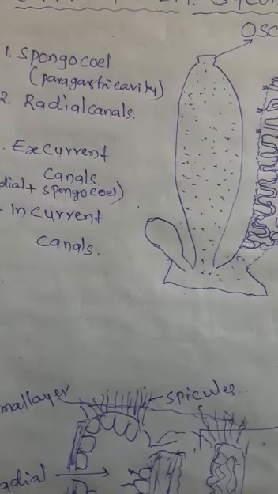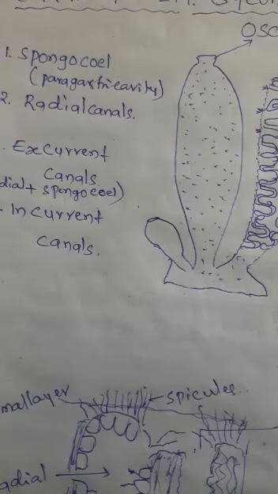Second, the radial canal, also called flagellated canals. The body wall lining the spongocoel is pushed out at regular intervals into finger-like projections.